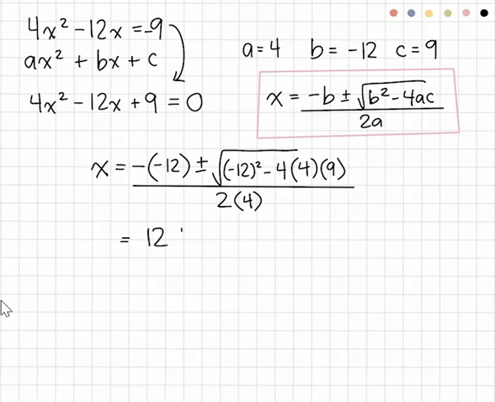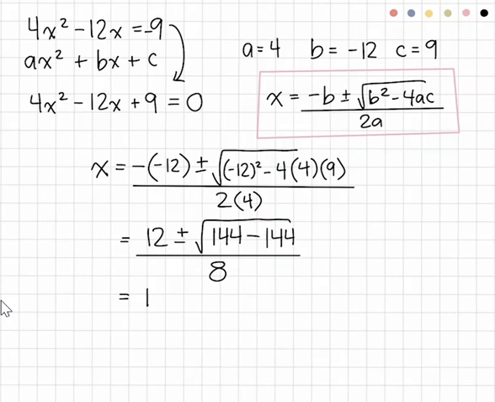So we've got 12 plus or minus the square root of 144 minus, 4 times 9 times 4, minus 144 divided by 8, which equals 12 plus or minus the square root of 0 divided by 8, which really is 12 over 8, right?